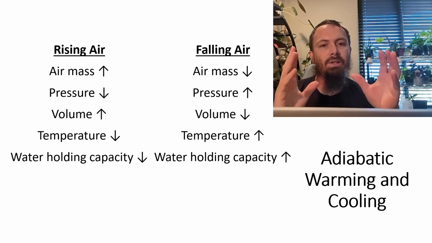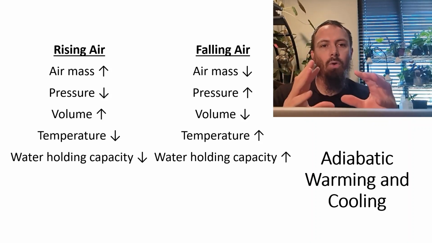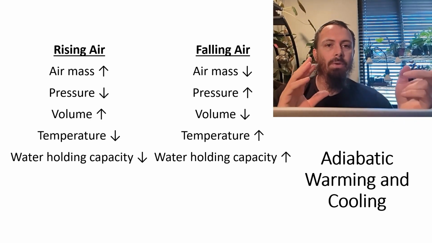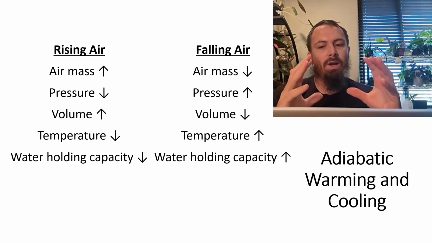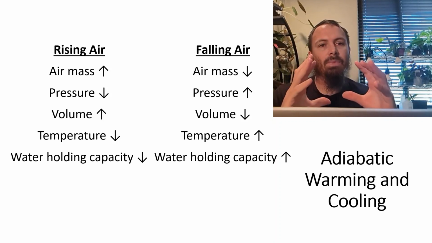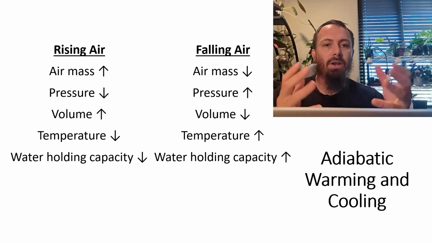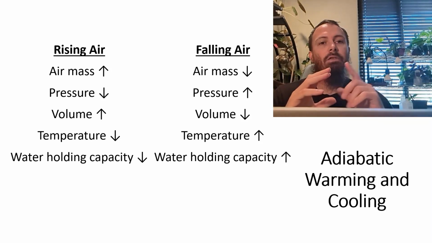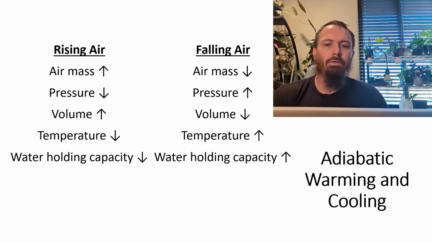So if the water holding capacity goes down, the amount of water that air mass can hold is less than it was before, right? So if you had a packet of air that had a lot of water in it, and you cool it off so that the water holding capacity goes down, some of that water has to leave because the air can no longer support it. That means it's going to fall as rain. That creates precipitation.